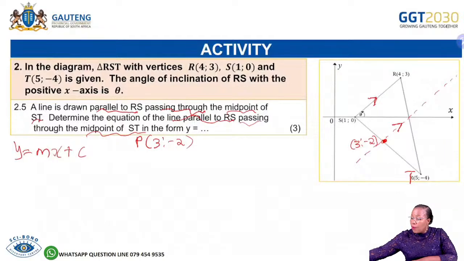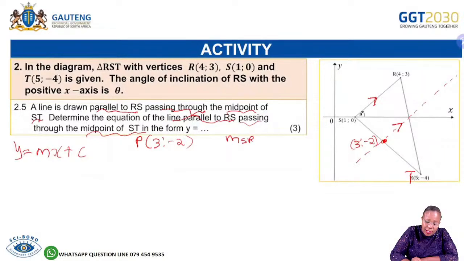We have calculated the gradient of SR in our previous activity, that the gradient of SR is equal to 1. So if these lines are parallel, the gradient of the line will also be equal to 1.